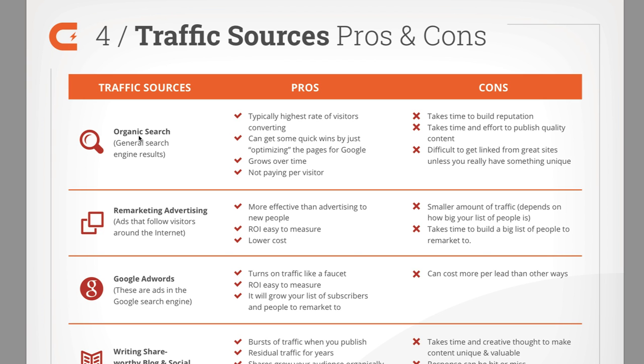And the reason they call it organic, or sometimes natural, is because the stuff is ranked and listed there depending on, for example, Google's ranking computer going out and becoming aware of all the content, figuring out how it's going to catalog it, and then when somebody searches for something like trees, it's going to pull out, okay, what's the most relevant stuff to trees, and out of those things that are relevant, what are the websites that seem to be the most important to people? And so basically it pulls out and ranks them that way. So that is the organic search.